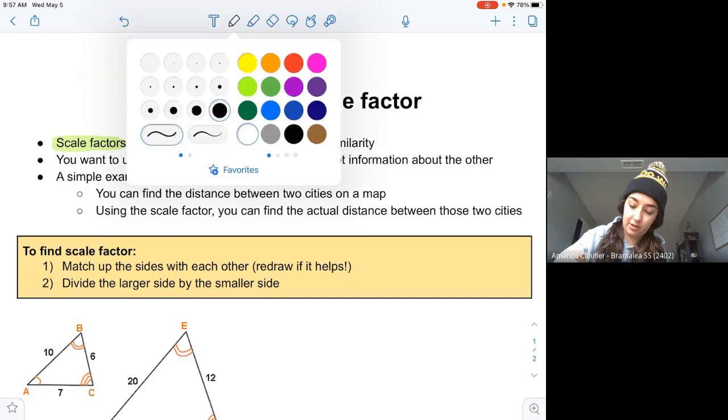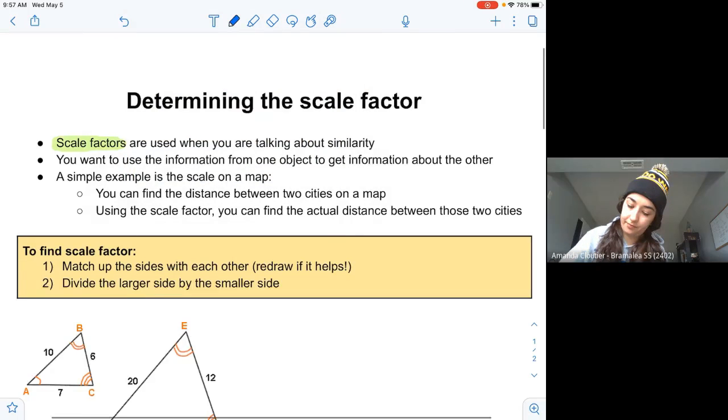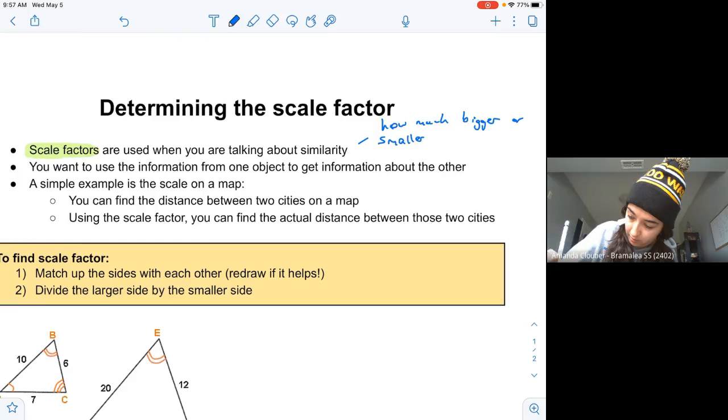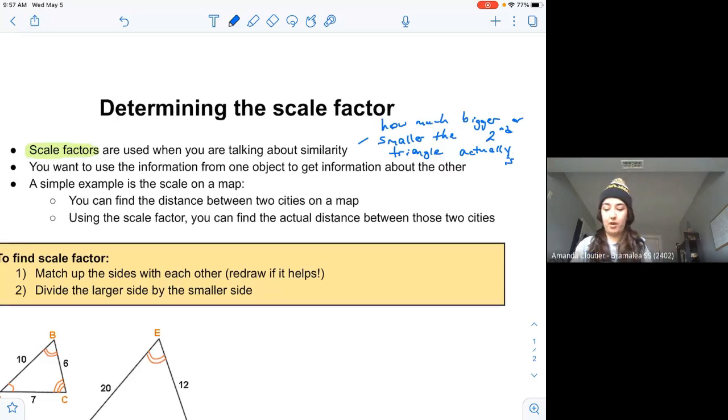I'm going to write that down: how much bigger or smaller the second triangle actually is. So we're kind of answering the question, by how much?